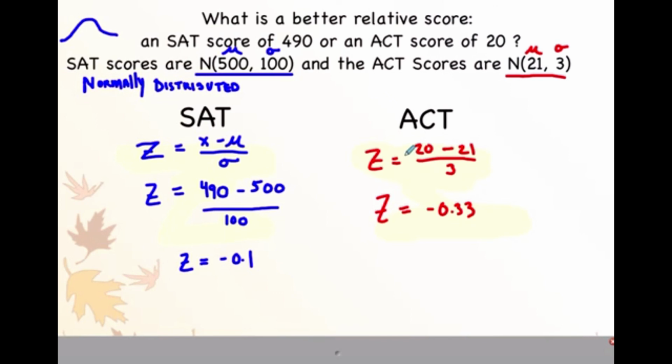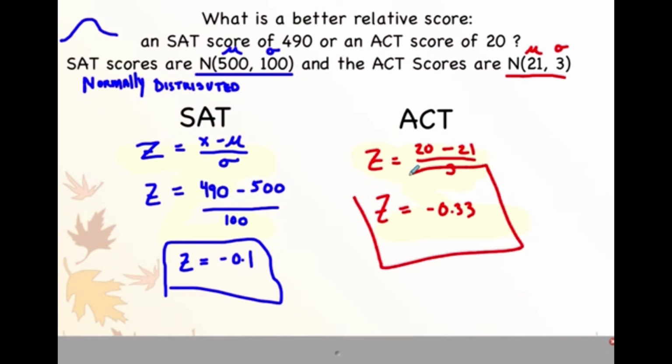So what the z-scores tell us is that this person is below the mean, but not by much. 0.1 standard deviation below the mean. This person is also below the mean. Again, not by too terribly much.